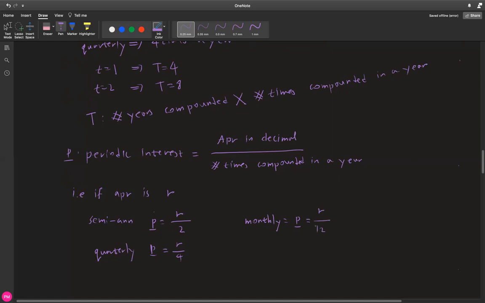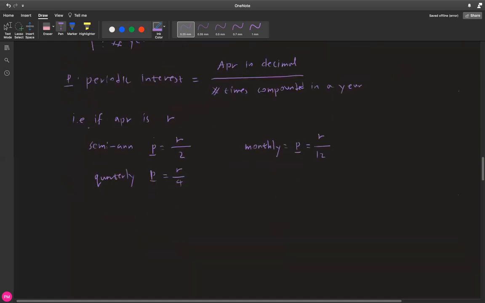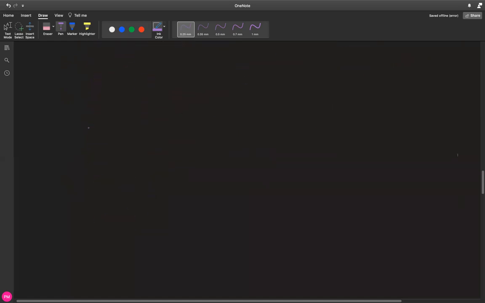Let's look at an example just to understand how this formula is used, and also understand the use of the capital T and the periodic interest. So let me rewrite the general compounding formula.